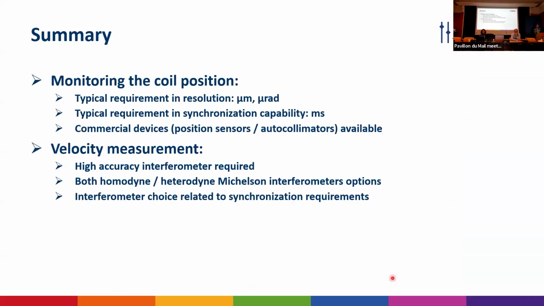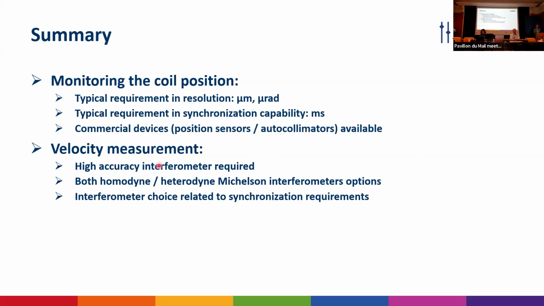In summary, if you want to monitor the coil position for 5 easy-to-monitor degrees of freedom, what I called earlier the secondary quantities, you can get it with typical commercially available devices, and it is not something that difficult to implement on a Kibble balance. You can use position sensors or collimators. For velocity measurement, you will have to get a measurement at a few ppb level, so you need to develop your own system.